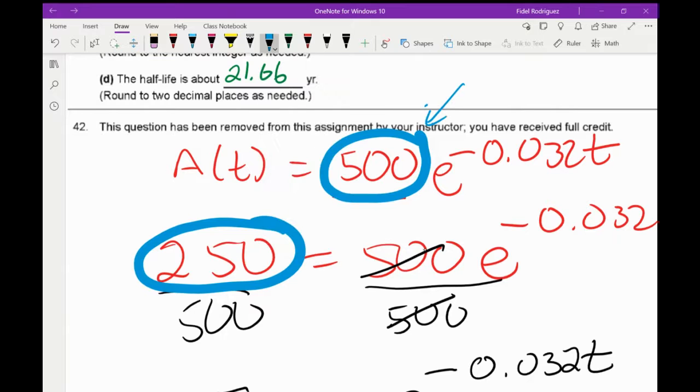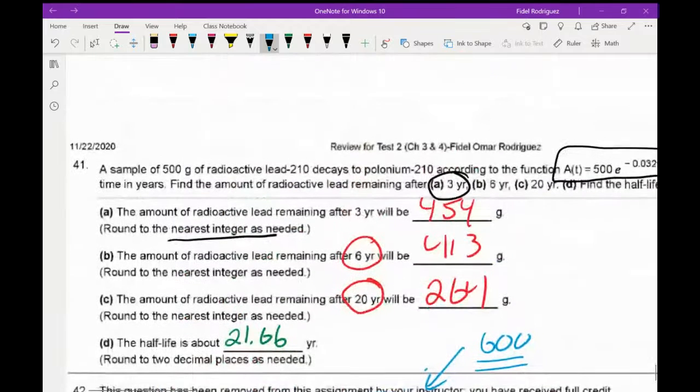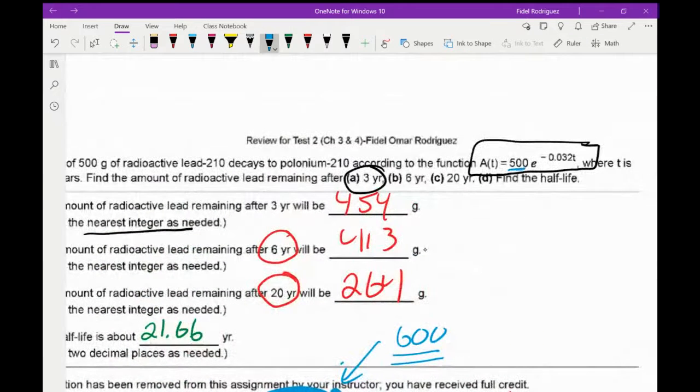So if this number was a 600, over here you would put 300, right? Whatever it happens to be, just find half of it.